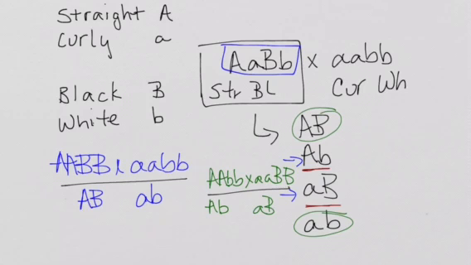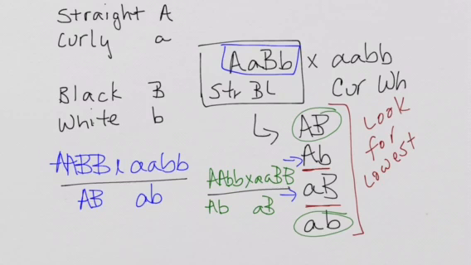So when we're looking at which ones are the recombinant offspring, we always want to look for the ones that are present in the lowest numbers. If we look at these offspring down here, they are quite variable in number, so they're not equal numbers. Then we want to look for the lowest.